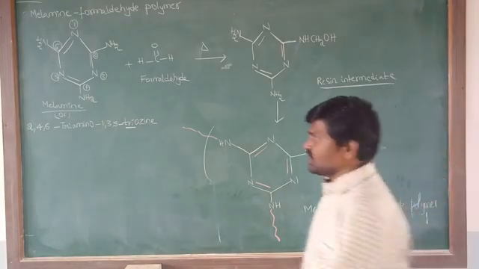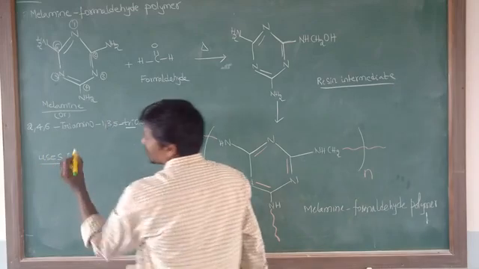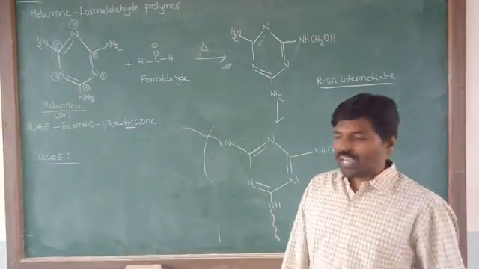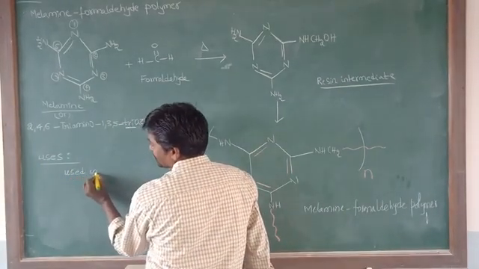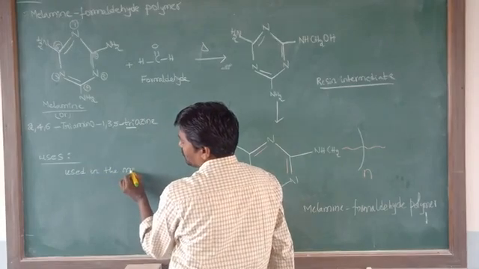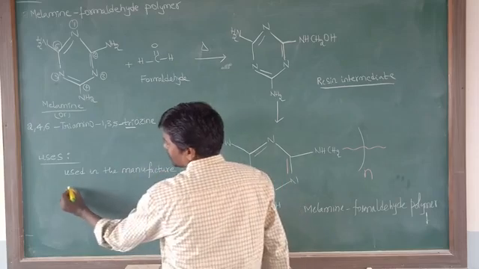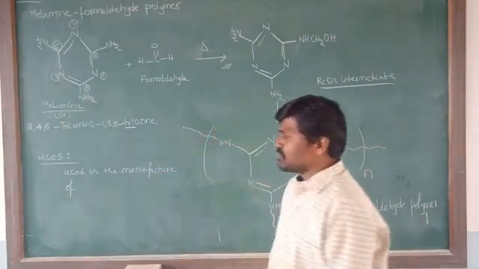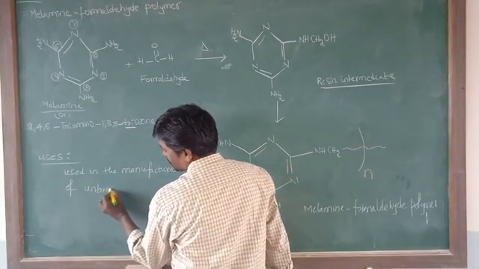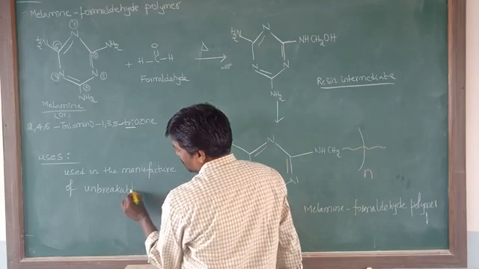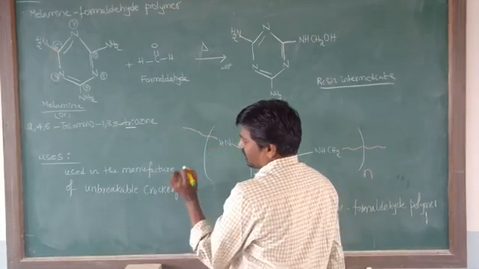Next, uses. Where are we using these melamine formaldehyde polymers? They are mainly used in the manufacture of unbreakable crockery.